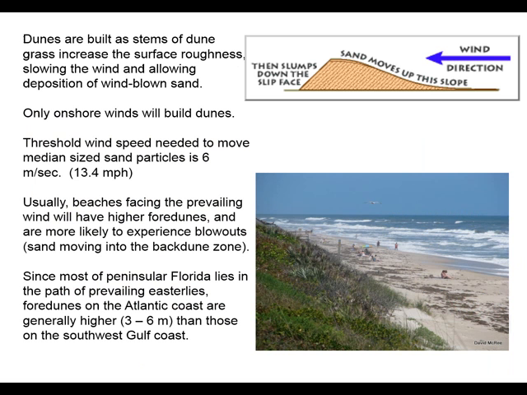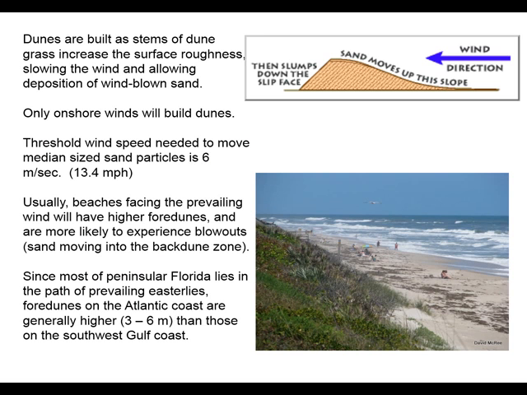Typically, dunes are built as stems of dune grass accumulate, and their root system increases the surface roughness, allows a little bit of topography, and that allows the deposition of sand in the depressions, the small irregularities on the surface of the dunes.